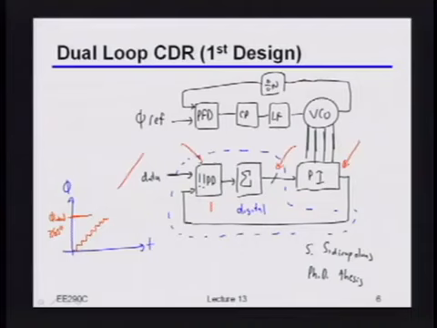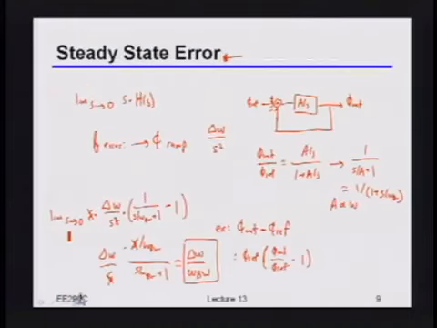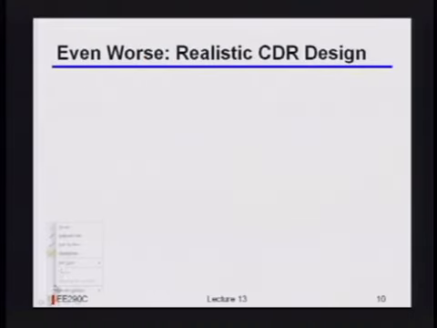To make life even a little bit worse in terms of these trade-offs, between the loop bandwidth and how fast a ramp you can track, typically you won't run this thing at the full rate, but instead you'll deserialize the data first. What I mean by deserialization is, let's say this was my data sampler, and this is my edge sampler here, so that's my data clock, this is my edge clock.